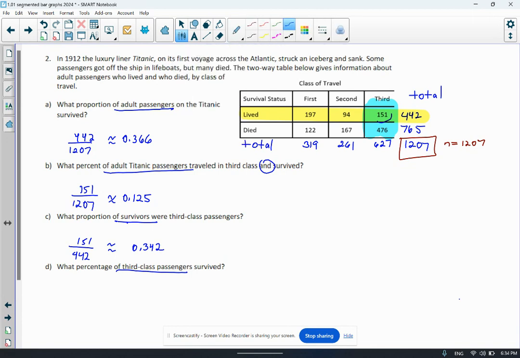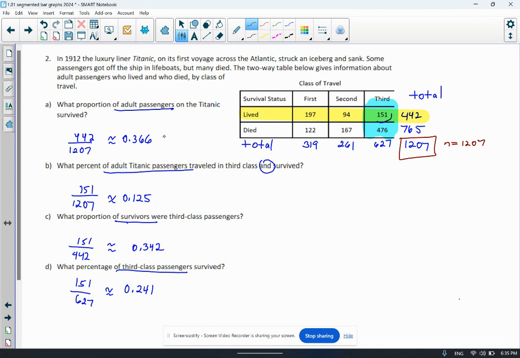How many of those survived? 151. And in the denominator is the total of the condition. So there were 627 passengers in third class, and only 151 survived. And when you enter that in the calculator, that's 0.241.